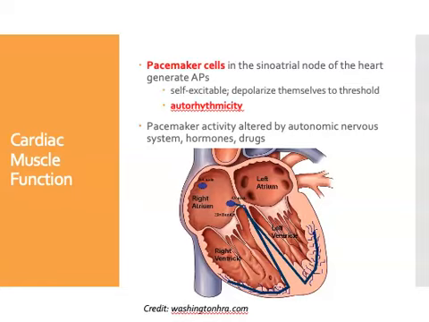This is the nervous activity that you and I don't think about. It happens without our conscious input. So the autonomic nervous system is in tight communication with the heart, and it controls how and when and at what strength the heart contracts. Hormones are also critical, as are various pharmaceutical drugs, in terms of impacting the functioning of the pacemaker cells and the rest of the heart.